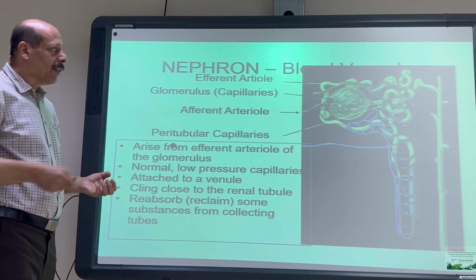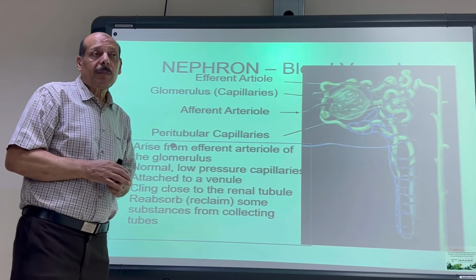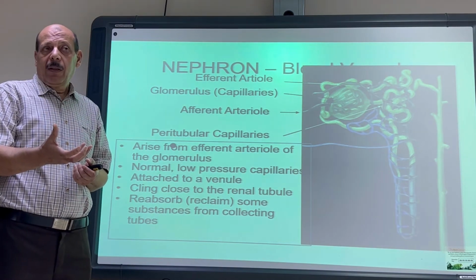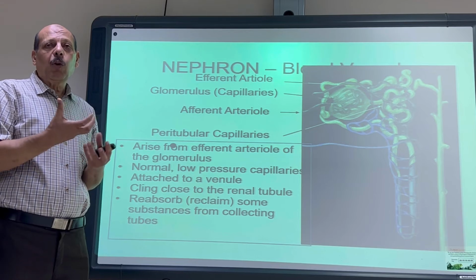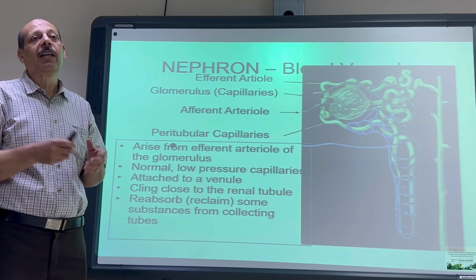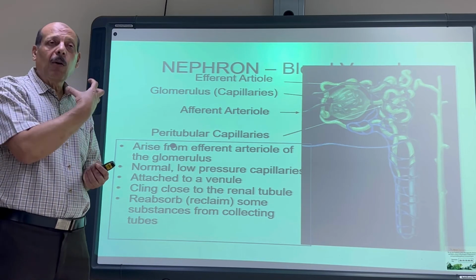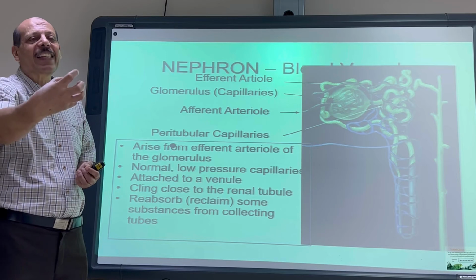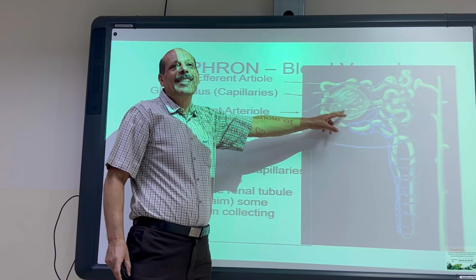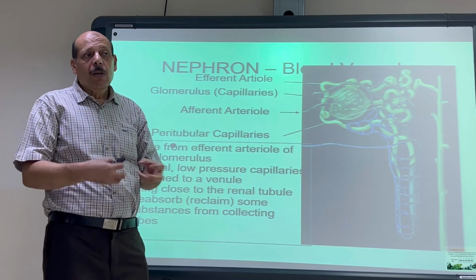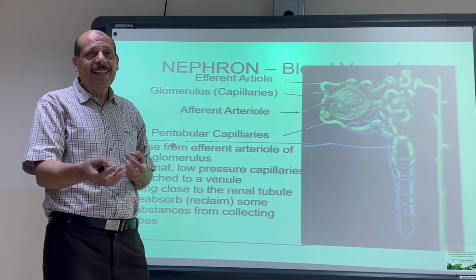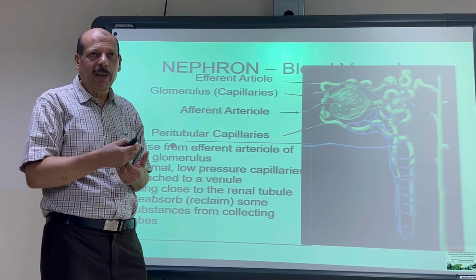So the filtrate, which is filtrated there in the glomerulus, is very high. So due to high pressure, and due to osmolarity also, the difference in the pressure and difference in the osmolarity, there will be more fluid escaping from the blood vessels, from the arterioles there. That fluid also contains some substances that the body still needs.